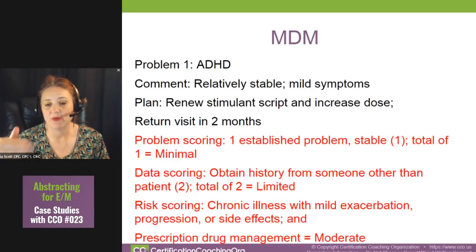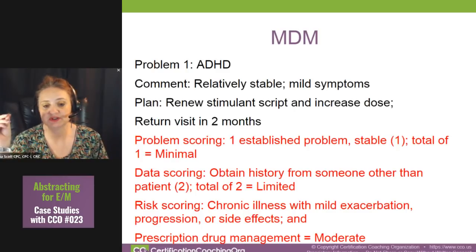And so we have mild exacerbation because they're still having trouble in school, but their scoring is good. They're still able to get good grades. So we have a mild exacerbation, progression, or side effects. And so we do have slight side effects.